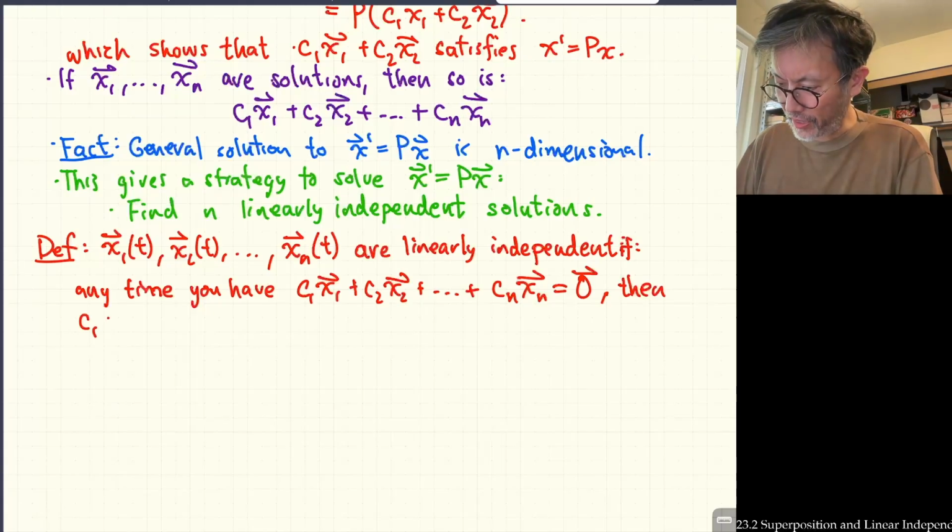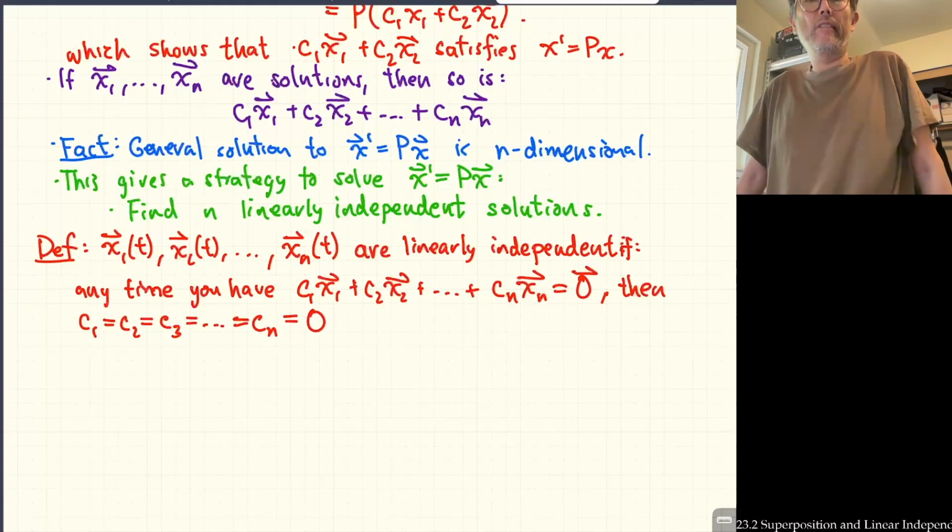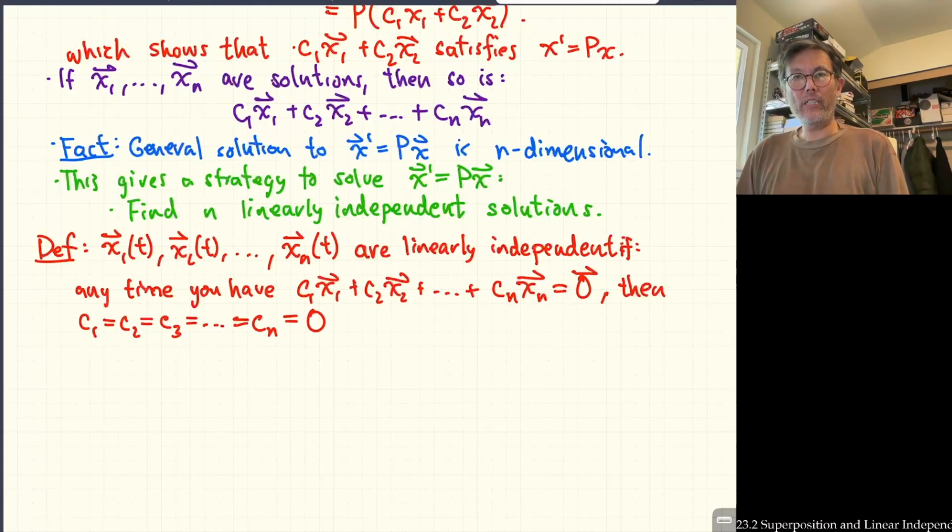Then c1 equals c2 equals c3 all the way up to cn; all of these coefficients have to be zero. That's what it means to be linearly independent.